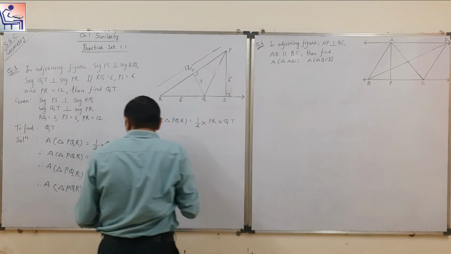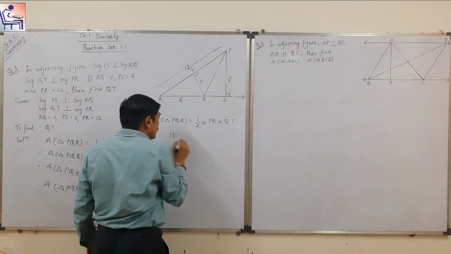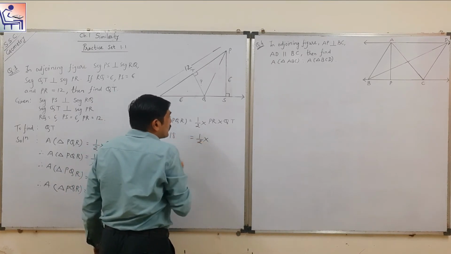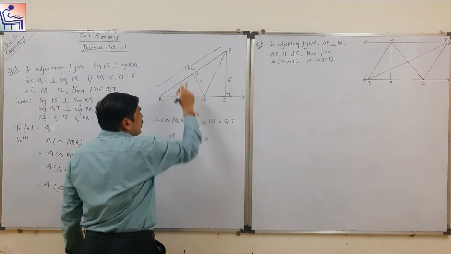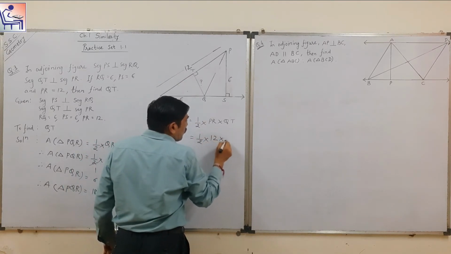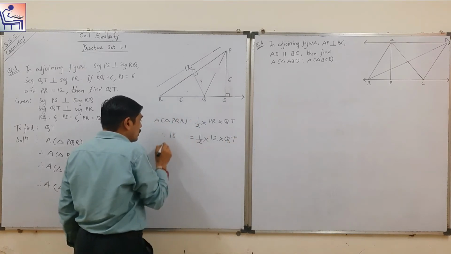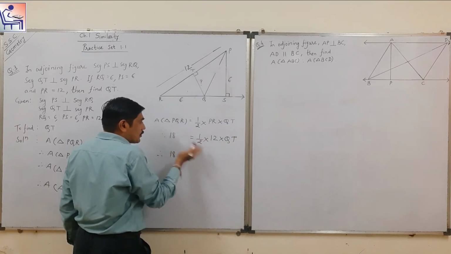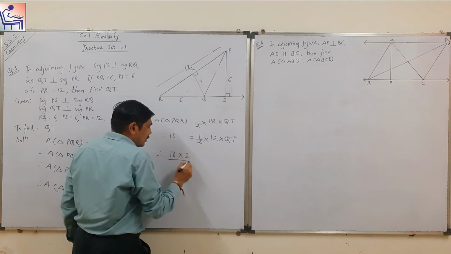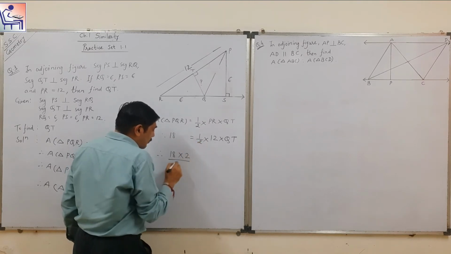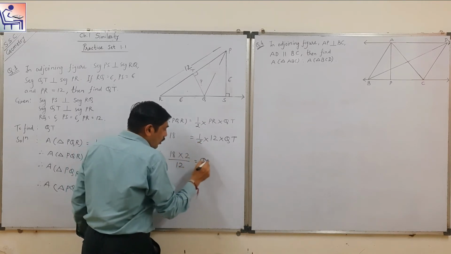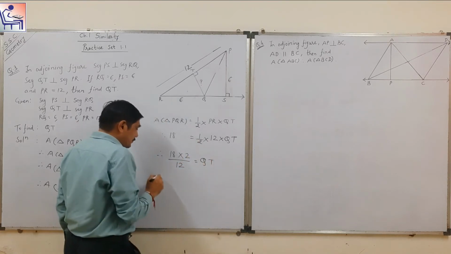So area of triangle PQR we already know is 18, then half into PR we already know, and now we want to find out QT. So we will take all the values on the opposite side. So 18 into 2 divided by 12. What remains? QT.